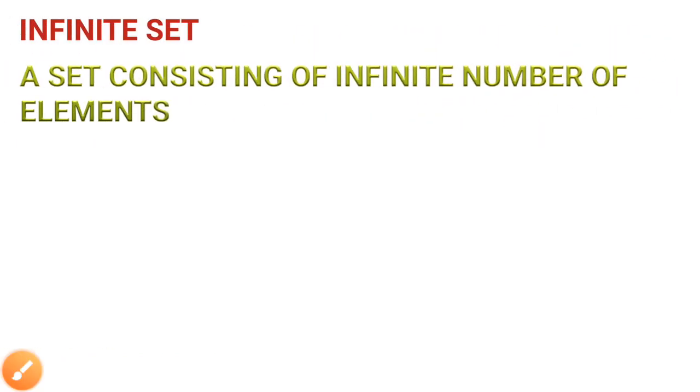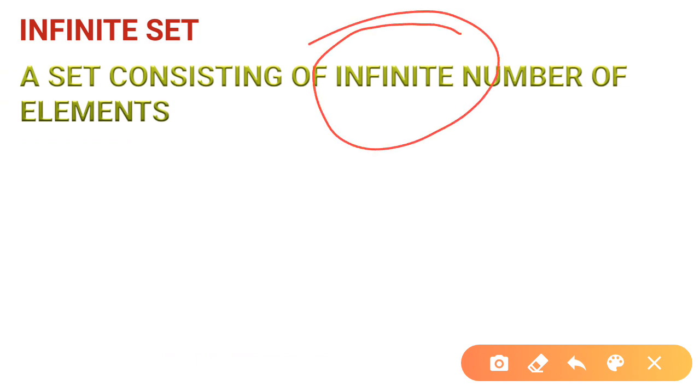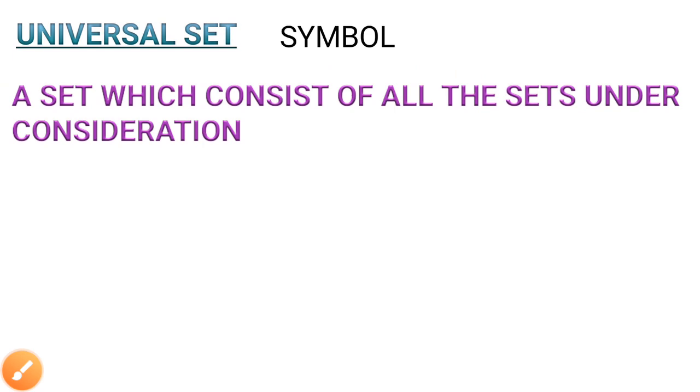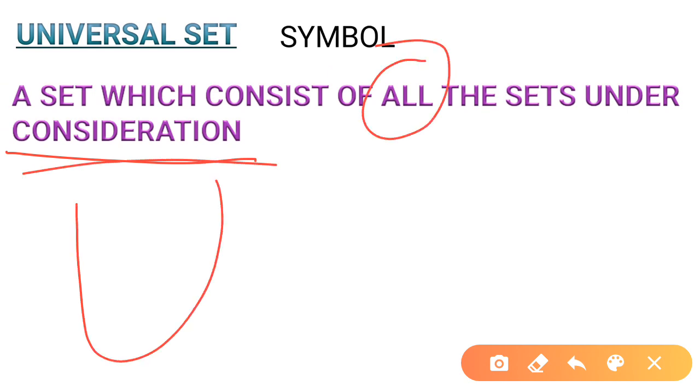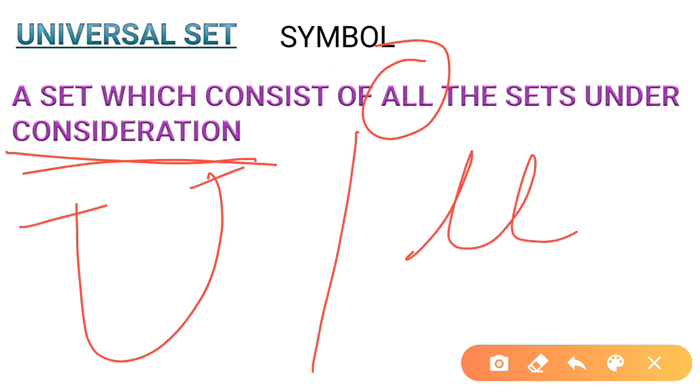Next one, infinite set, which has an infinite number of elements. Next one, universal set. The universal set is the most important, a set which consists of all the sets under consideration. You should remember all and consideration. It is denoted by capital U, otherwise mu, a Greek letter. So this is a universal set.